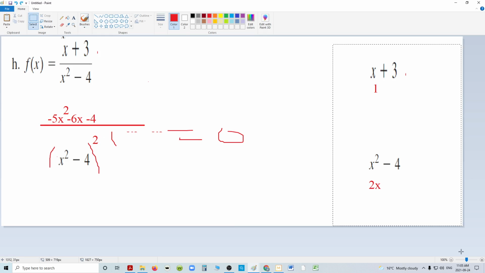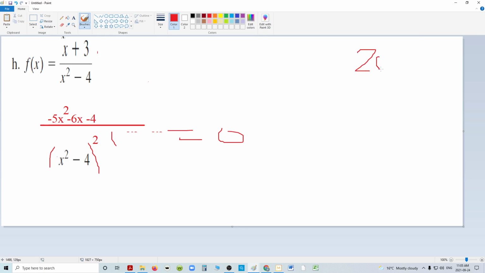So looking at the top, I'm looking for a number that multiplies out to 20 and adds up to minus 6, which is almost impossible. Actually, you never want to have a minus in front. So we're going to take a minus out and put a minus in front here.